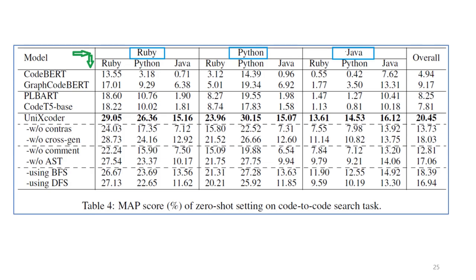The same to that, we take a query of Java source code, then we are required to retrieve the same functionality source code written in Ruby or Python and Java. In this setting, UniXcoder is outperforming all the existing source code models with extreme margin.